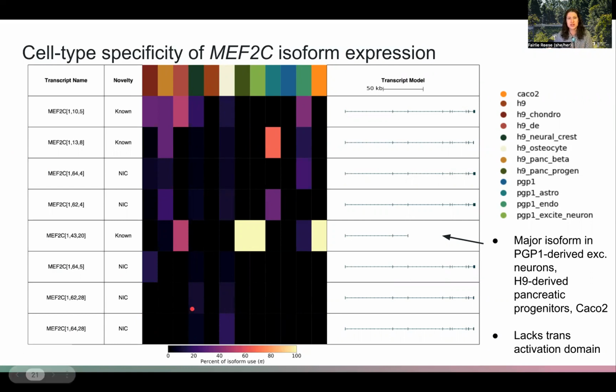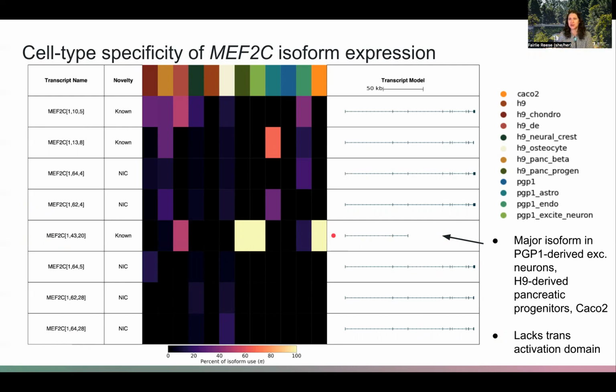And what you'll notice is that in these 3 cell lines, all of the gene's expression comes from this one isoform of MEF2C, which is truncated. And interestingly, MEF2C, which is the transcription factor, has this transactivation domain in the 3' end of the transcript typically, which this isoform notably lacks.